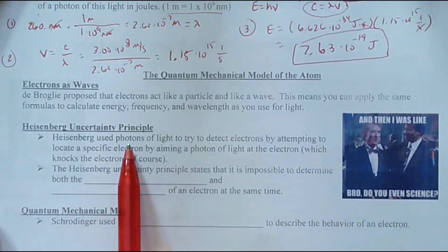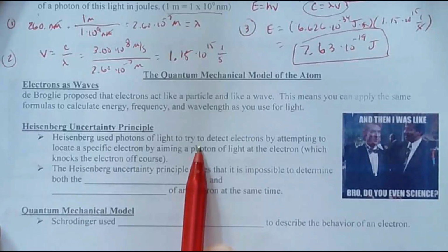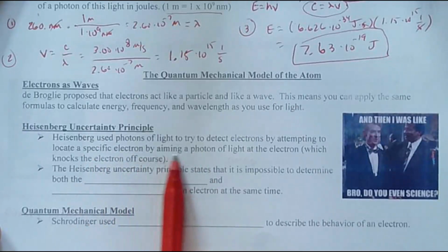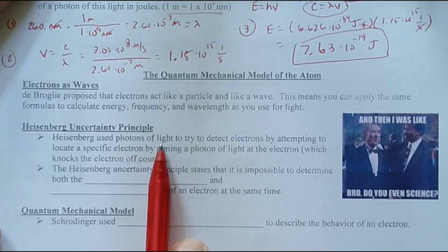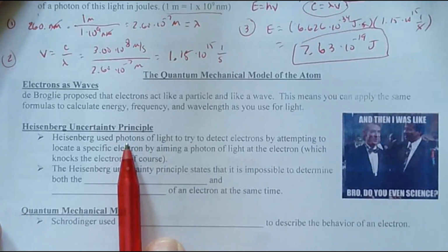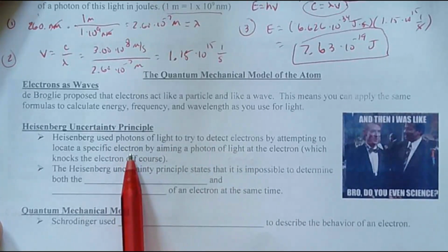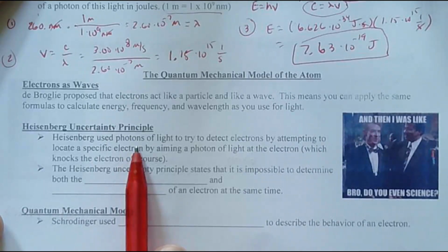which he was using the photons of light to try and detect electrons by attempting to locate a specific electron by aiming photon light at the electron, which, if you just take a minute to think about what he was trying to do here, taking a photon of light and attempting to locate a specific electron by using this photon of light, would not be easy to physically do.